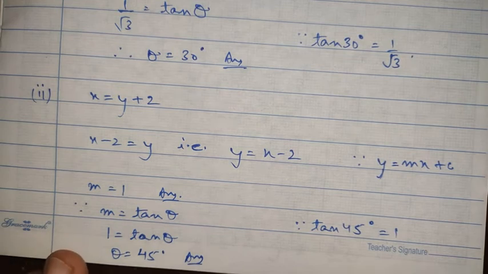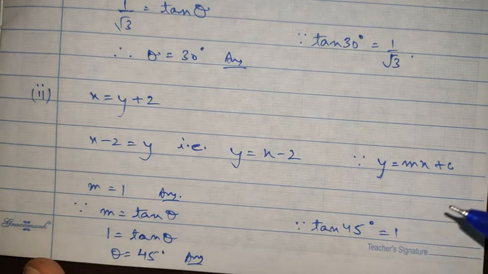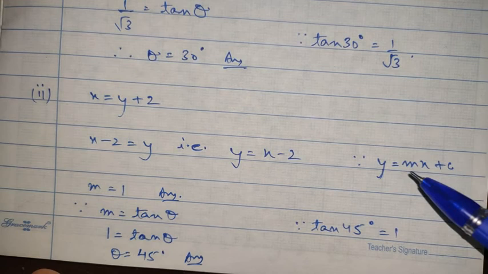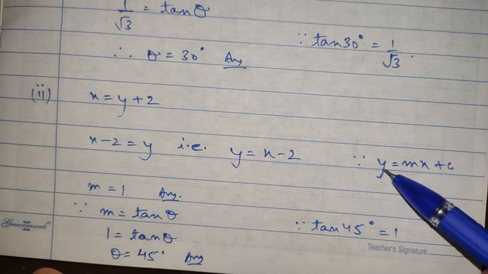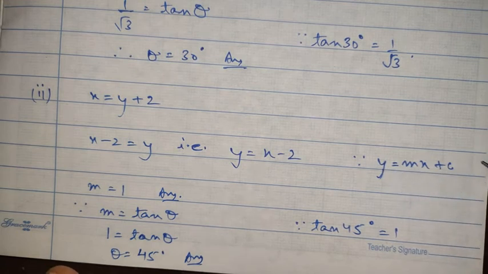Since we know that whenever a linear equation is given to us, we always change it by making y the subject, and the general form is y = mx + c.